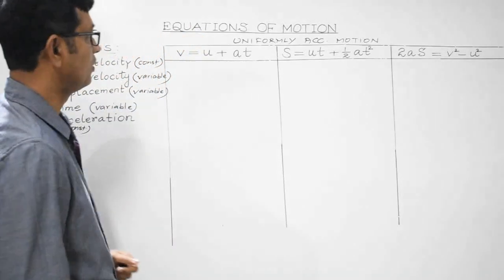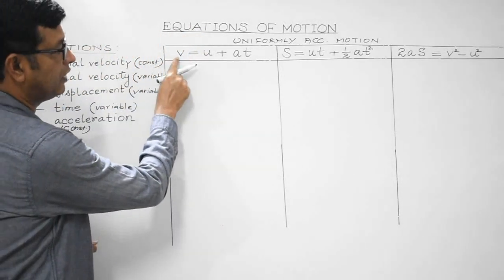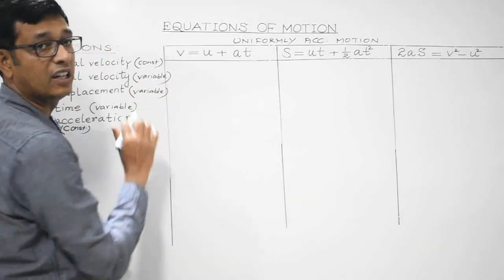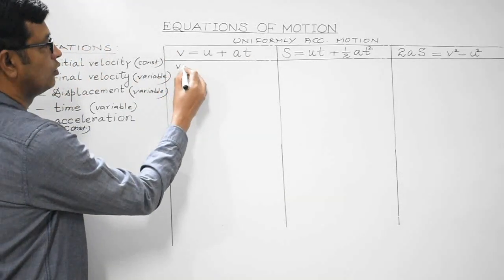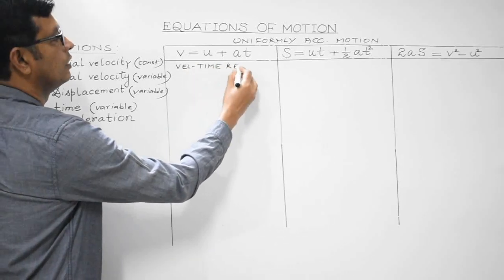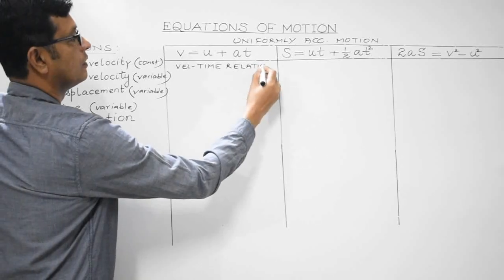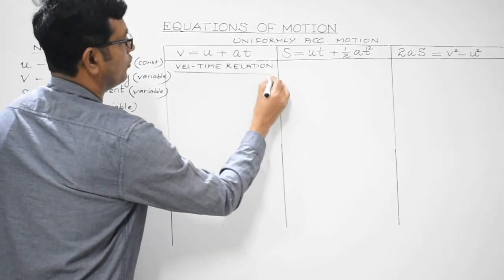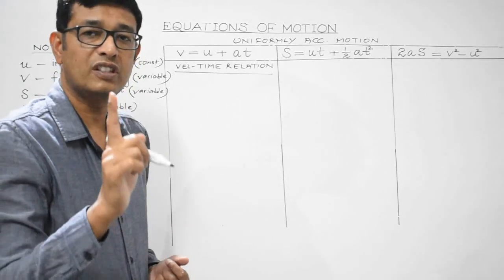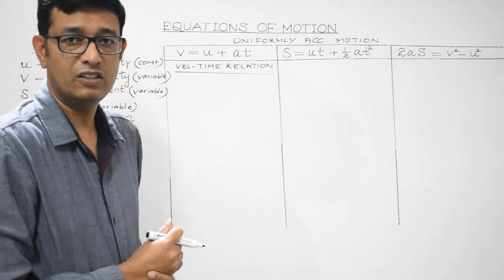Now look, over here, v is variable and t is variable. So it is known as the velocity-time relationship. So the first equation of motion, that is v equals u plus at, is known as the velocity-time relationship. Clear?